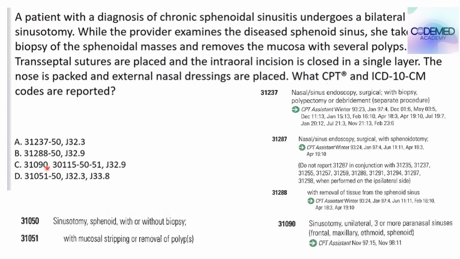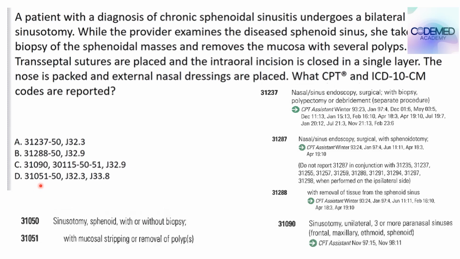So we will have to eliminate all the wrong options. Now 31288 is also nasal sinus endoscopy surgical with sphenoidotomy and with the removal of the tissue from the sphenoid sinus. But of course, this is what happened, but it happened endoscopically. In our patient case, it happened by surgical means. Now 31090 is a sinusotomy, unilateral, 3 or more paranasal sinuses: frontal, maxillary, ethmoidal and sphenoidal.